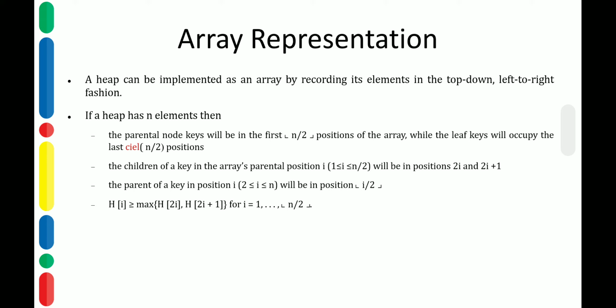Given a node at position i, and if this node is considered as a parent, then its children will be stored in the locations 2i and 2i plus 1 in the array. Okay, suppose i value is 3, then its left child will be at position 6 and its right child will be at position 2i plus 1, which is 7.